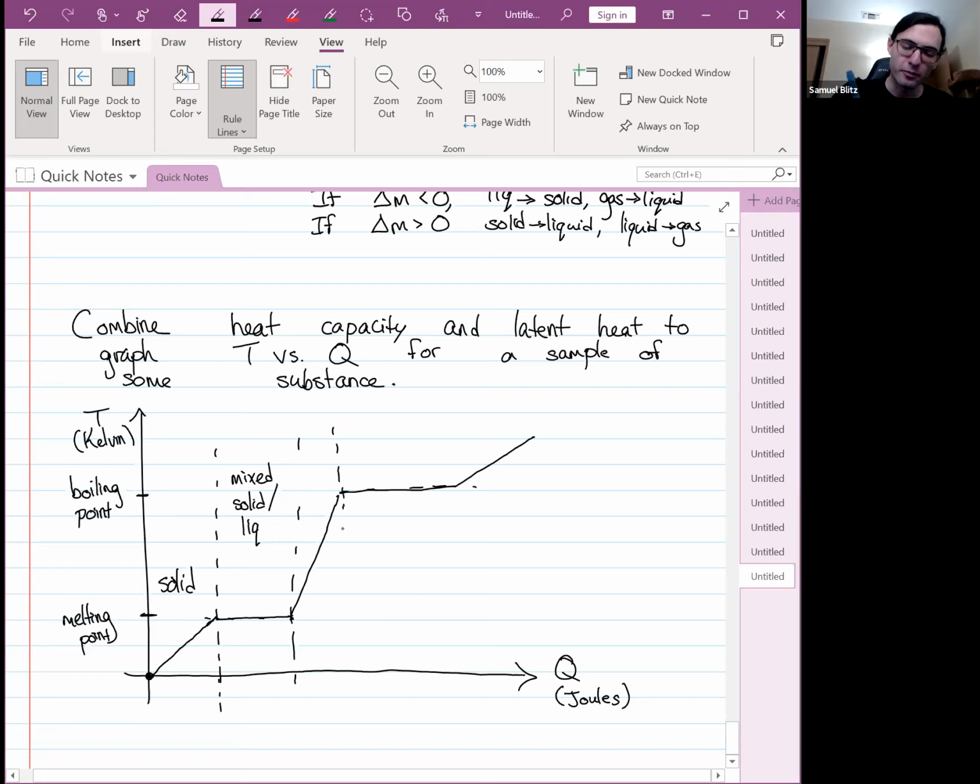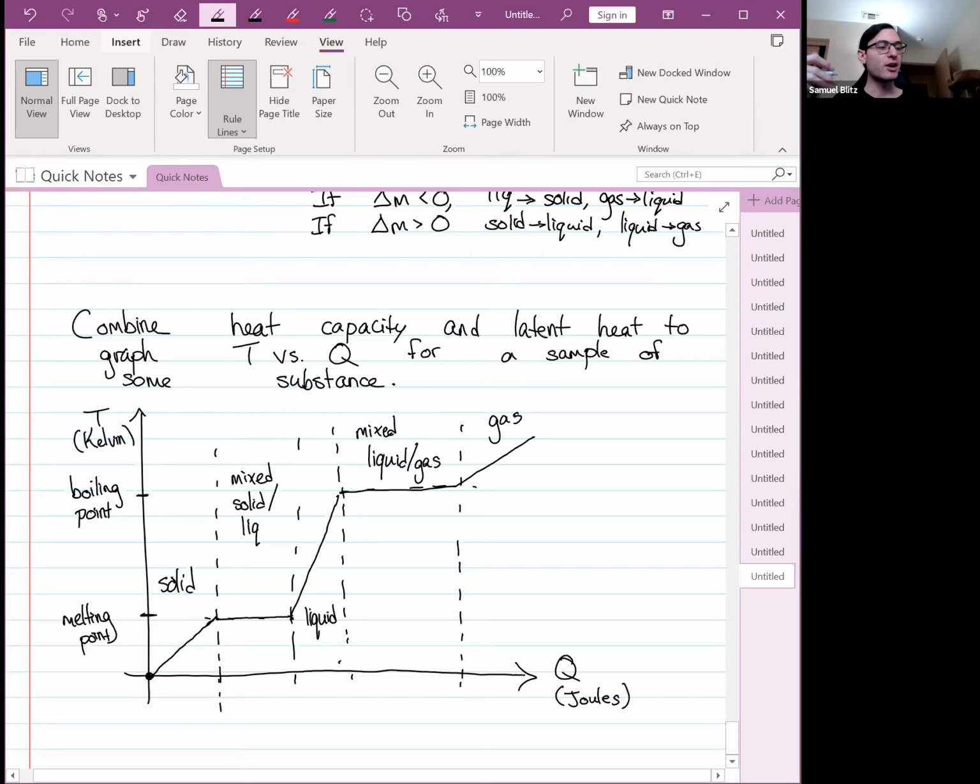From here to here, this would be your liquid phase, because all of it has melted, and now you're just increasing the temperature of the liquid. From here to here, at this amount of heat added, you would just be in the mixed liquid gas phase. And then beyond that, you just enter the gas phase. Just keep adding energy, the gas keeps increasing in temperature.